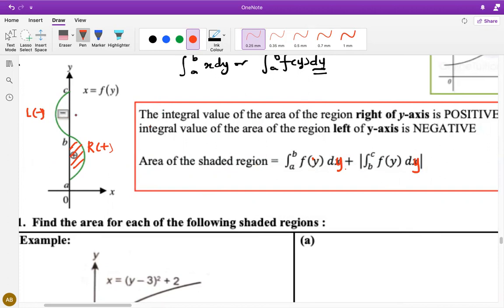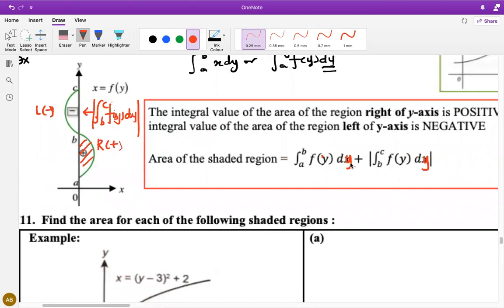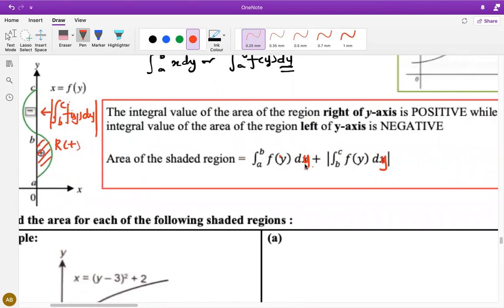So this part is modulus, b to c, you modulus it, f(y) dy, and you modulus again. So please correct it, this one is dy.